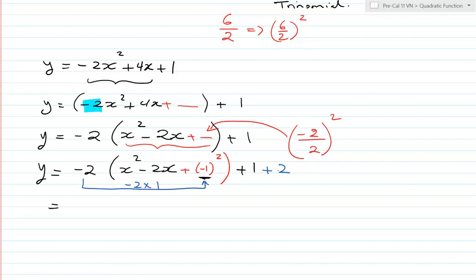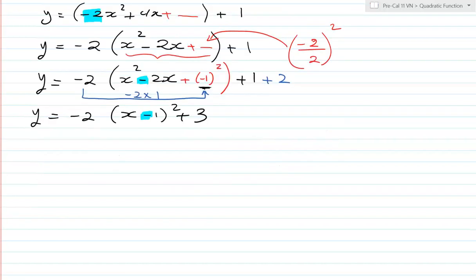Okay, so that's what we were doing. So now we're going to rewrite: minus 2 is outside. We're going to change that to the binomial squared. Remember this negative middle term, that's where that comes from, squared. And then the last piece, when we're adding these two, that would be plus 3.